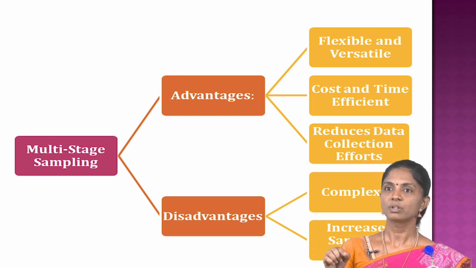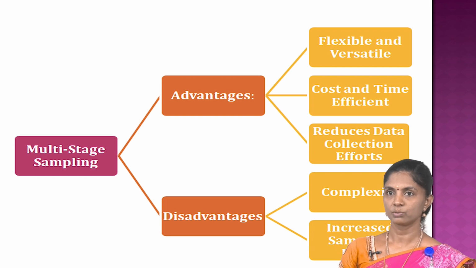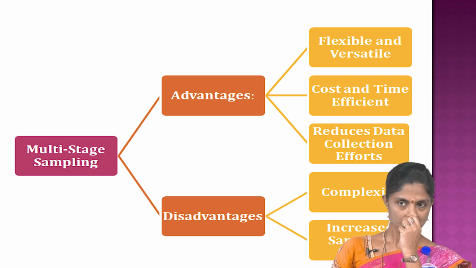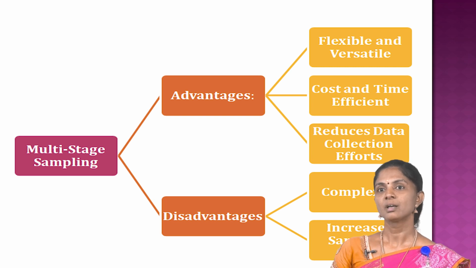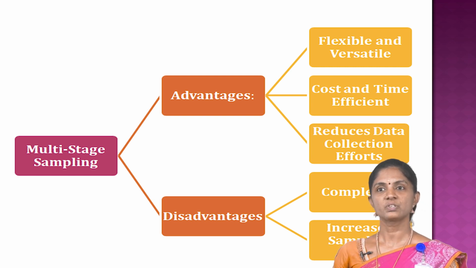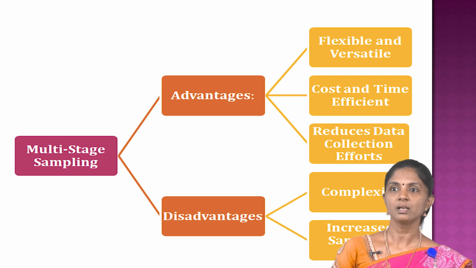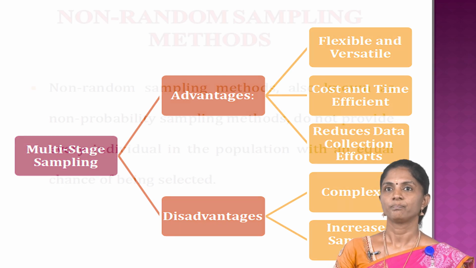Third stage, within each selected county, randomly select neighborhoods. Fourth stage, within each selected neighborhood, randomly select households, the final cluster. The final stage, randomly select individuals within each selected household for the survey.